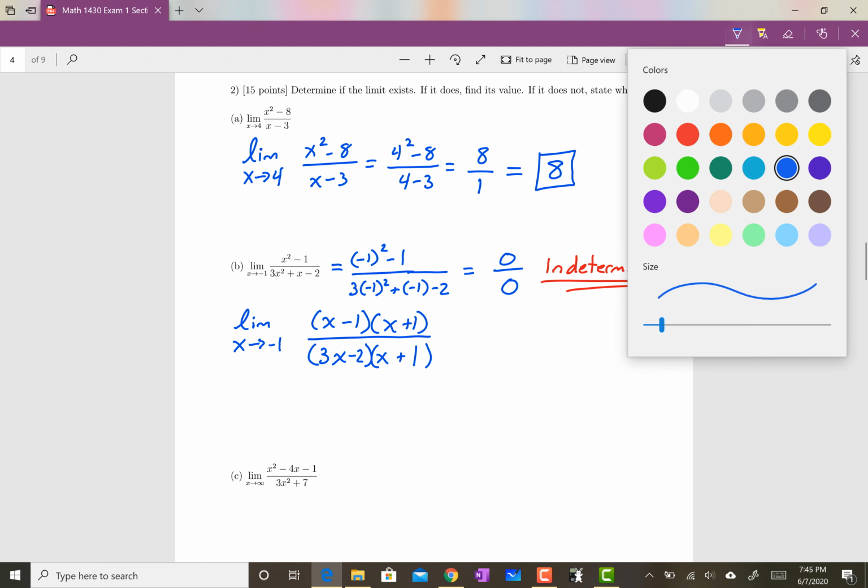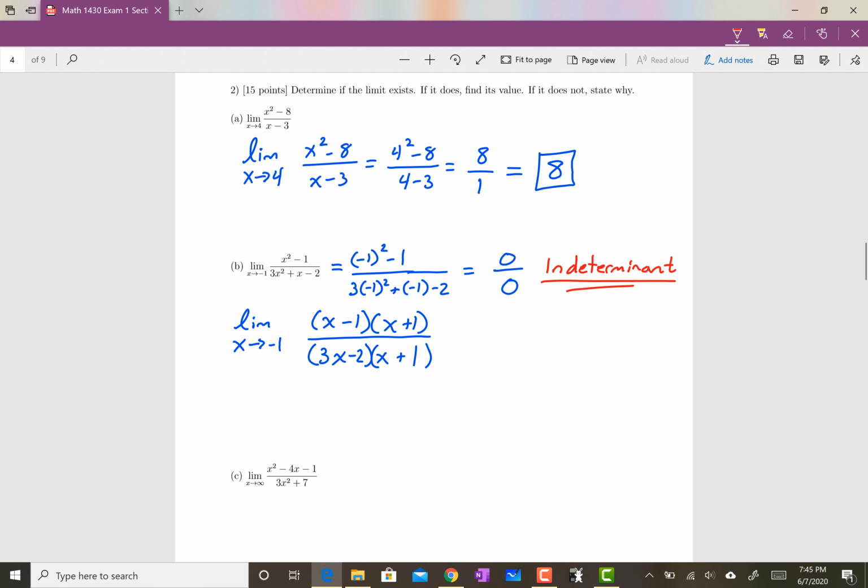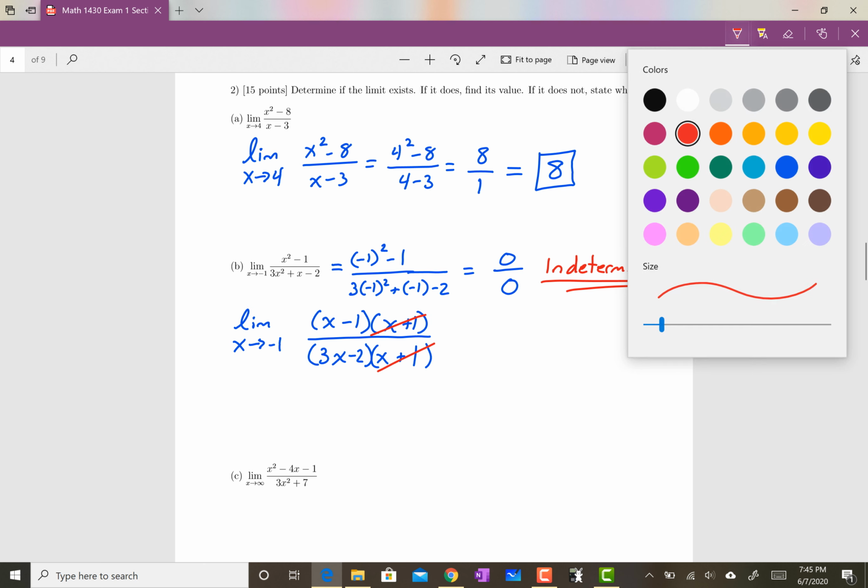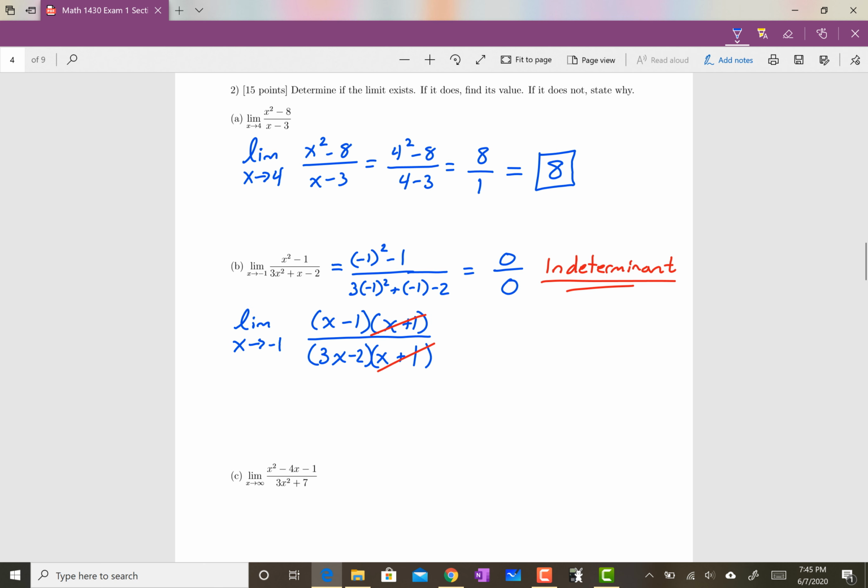And now we see something exciting occur. We have a factor in the numerator that is the same as a factor in the denominator. So they can cancel, leaving us with the limit as x goes to -1 of x minus 1 over 3x minus 2. So let's plug in -1 now and see what happens.